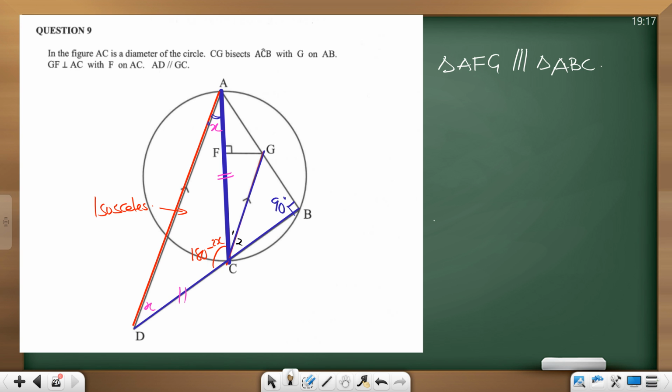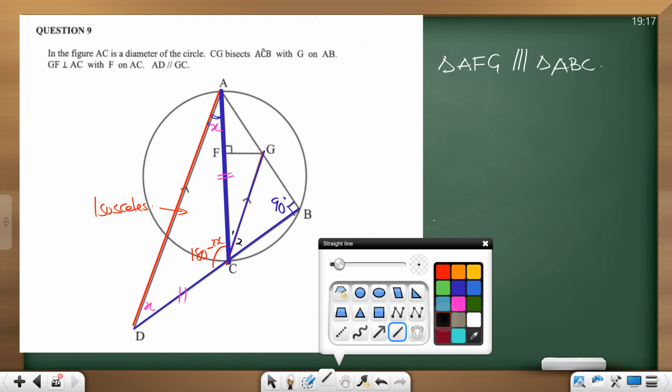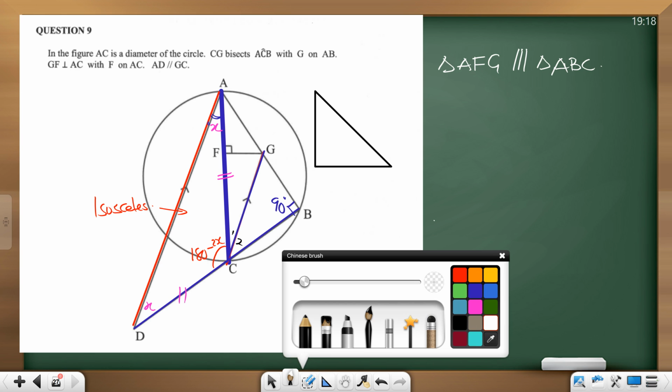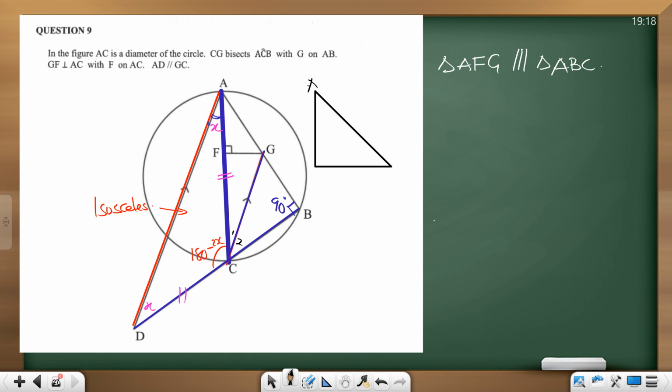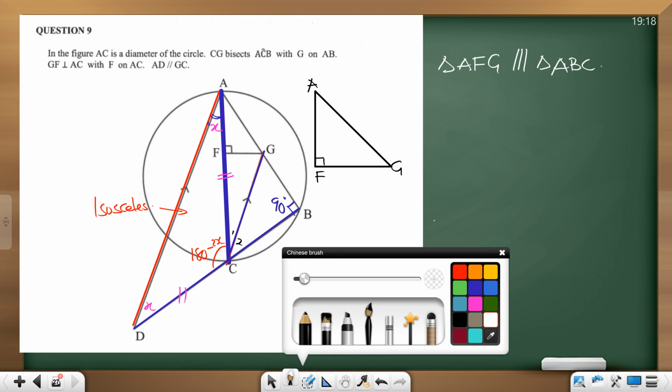List the angles. So let's go to triangle AFG. Which triangle are we looking at, by the way? We're looking at this right angle triangle. AFG, right? So this one is what?